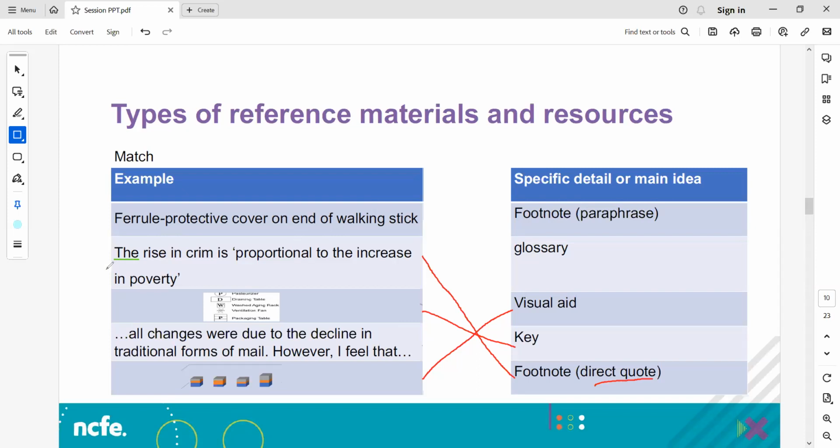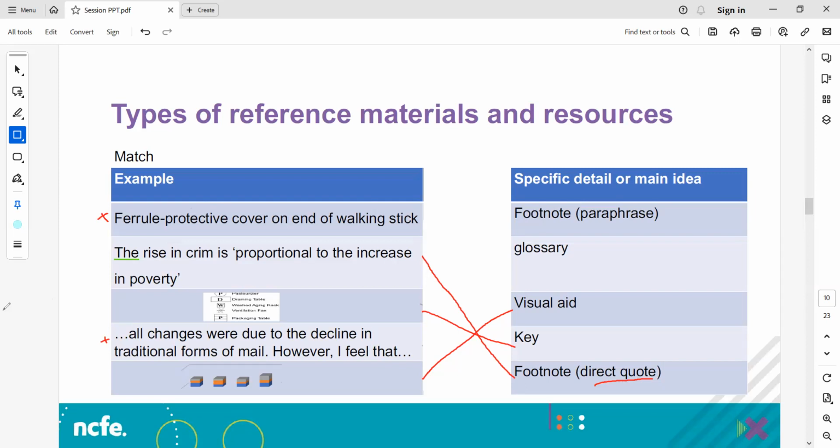So it's this one here we've got left, and this one here. One of them is a definition in a glossary, and the other one is text that requires a footnote because it paraphrases someone else's words.